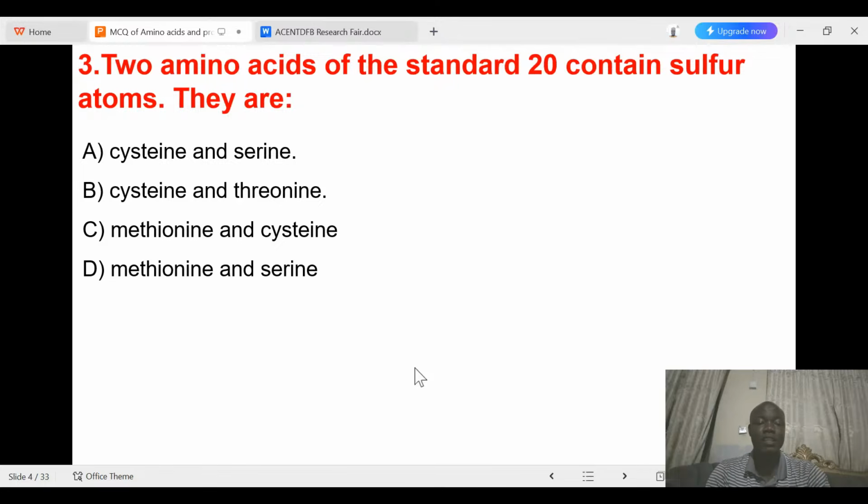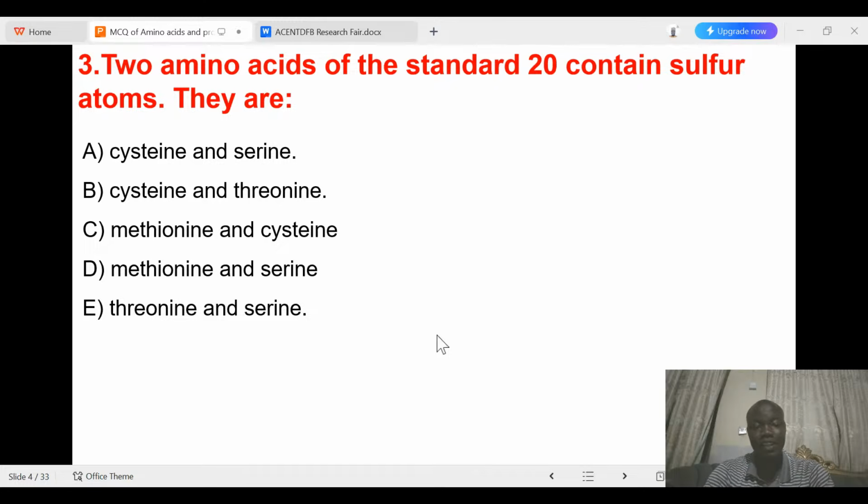C, methionine and cysteine. D, methionine and serine. And E, threonine and serine. So which of the following amino acids contain sulfur in them? Which two amino acids here contain sulfur?